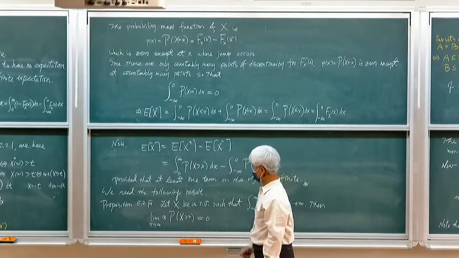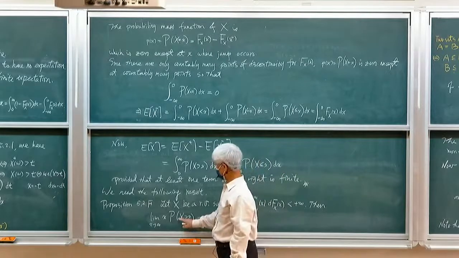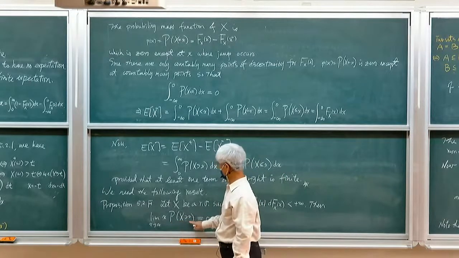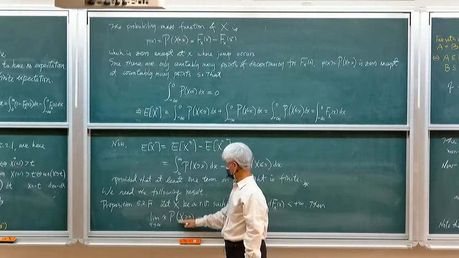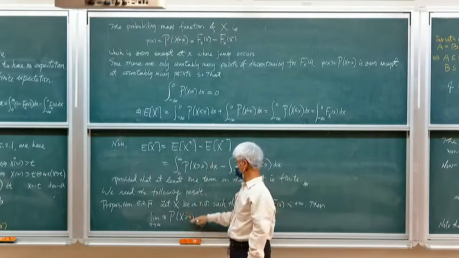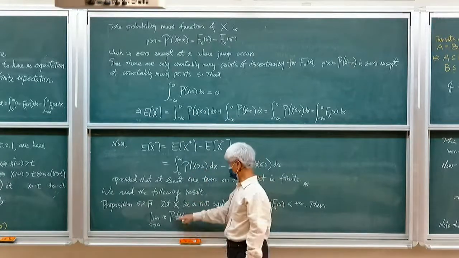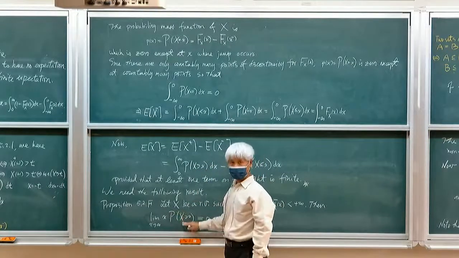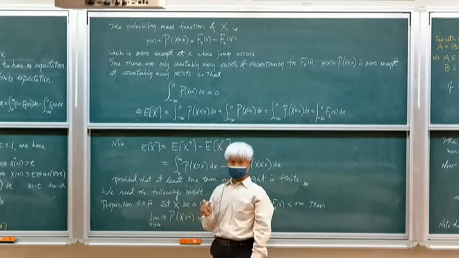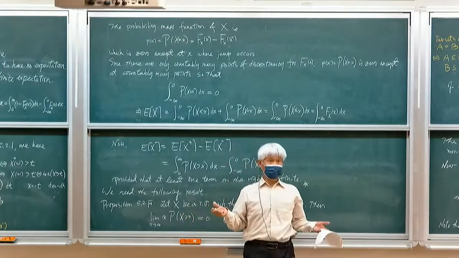Of course, if x goes to infinity, then this event goes to the empty set, so the probability goes to 0. But x goes to infinity, right? So you have infinity times 0. So what is the limit?